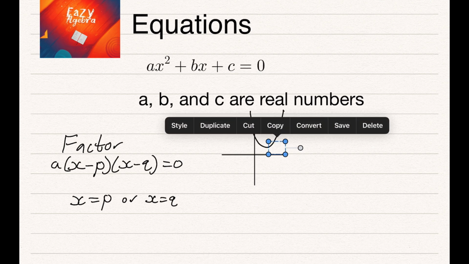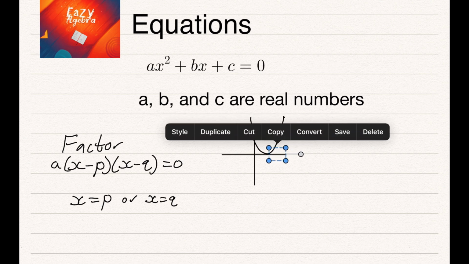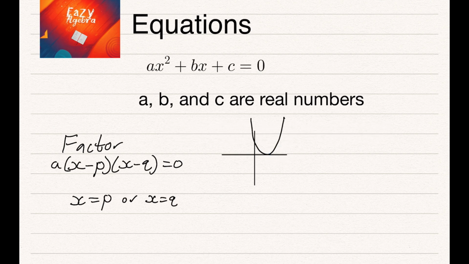Then there's no real solution. Or it could come down, touch, and go back up, and that would have exactly one real solution. So that's what would happen with graphing. You'd graph it and see where it crosses the x-axis. While graphing can certainly be done by hand, it is most often done on a graphing calculator.